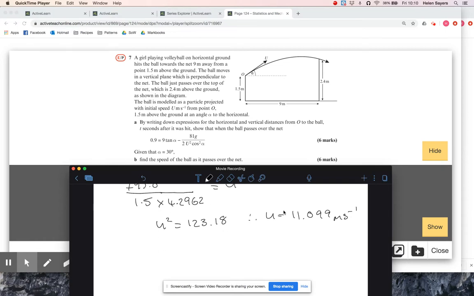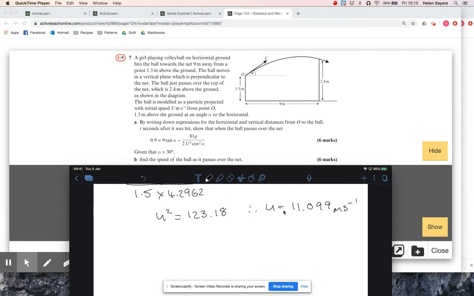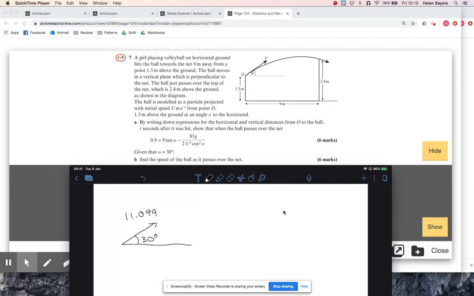So now it's actually just become a question where I'm given all the information I need. I'm given that the angle is 30 degrees, and I know from my calculation that u is 11.099. Okay, and we'd already said previously, I'll sketch it out again, but basically I'm trying to find the speed when it goes over the net. So say that's the net there.